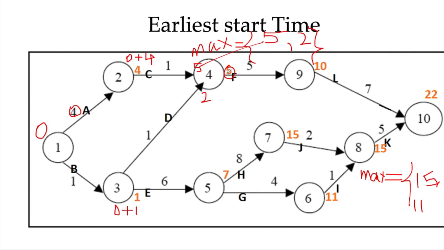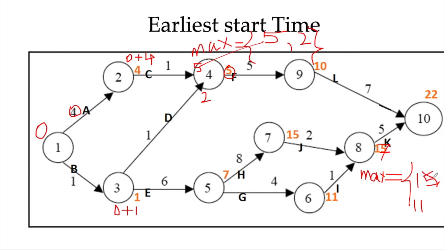In this case it starts at 5, requires 5 days, so it will end at 5. And now when the final activity, or the final project, will be completed, obviously along this path it will require 15 plus 2. Sorry, this should be 17, not 15, because 15 plus 2 is 17.